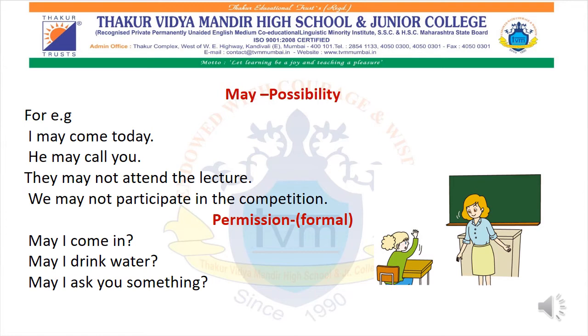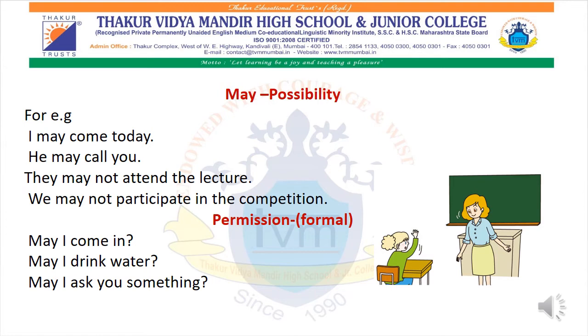In the first example of may, which acts as a possibility, I may come today. In this particular sentence, we see that he is not sure, there is a possibility he might come today. In the next sentence, he may call you.